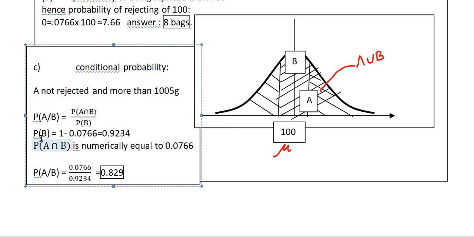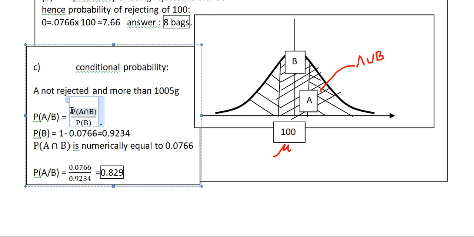We need the probability of the intersection, and the probability of not being rejected. This is the condition, and not being rejected will be 1 minus our previous result. So the probability of not being rejected is this one.